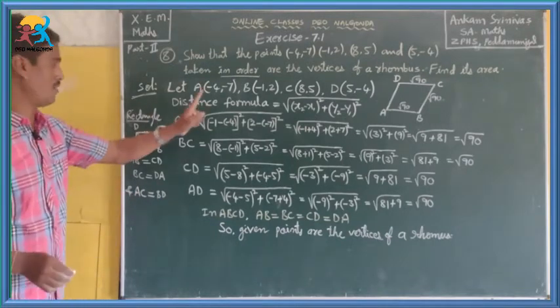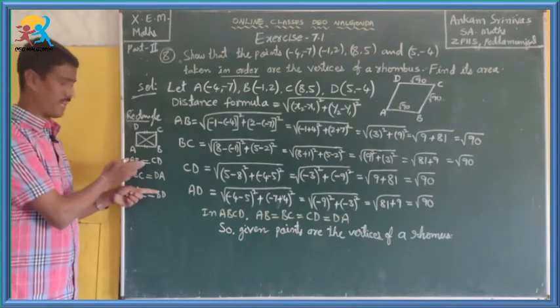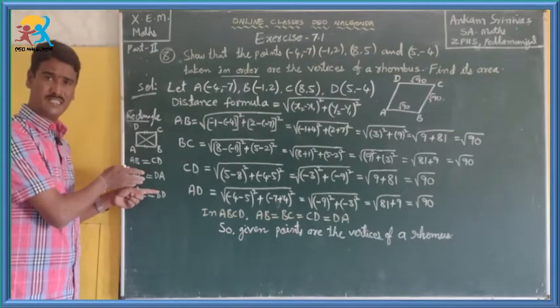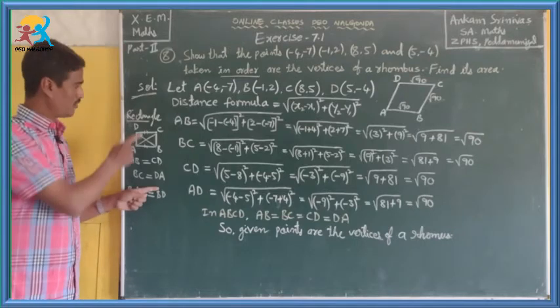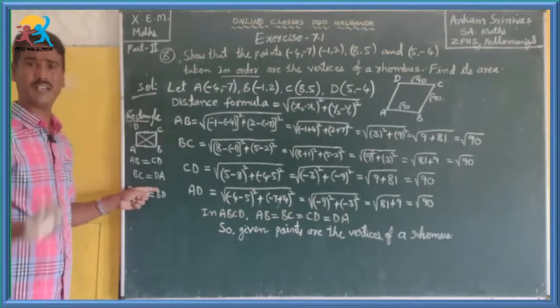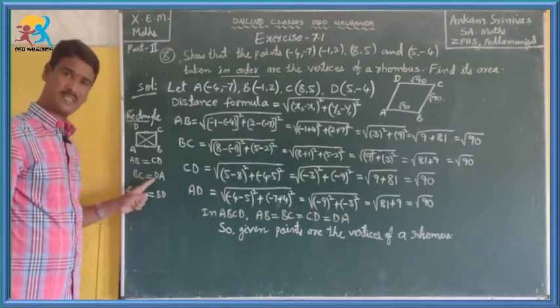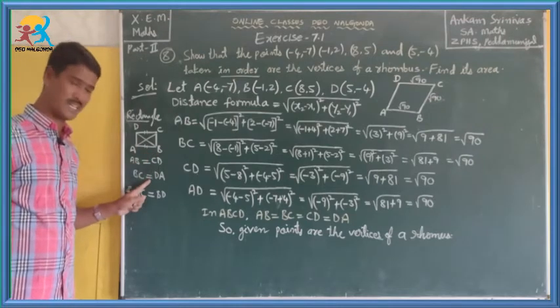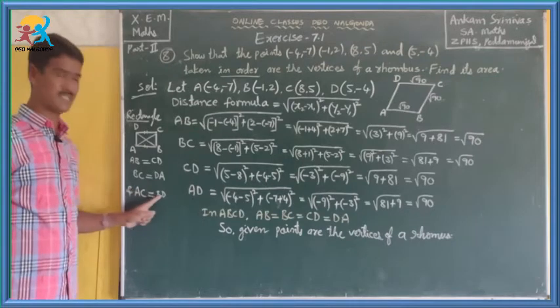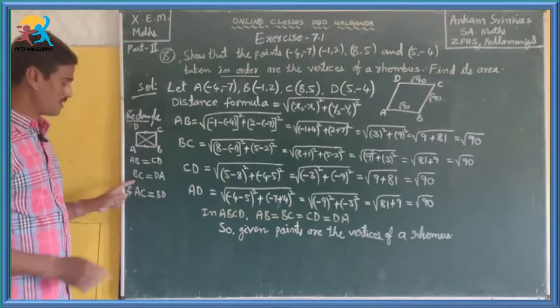So for a parallelogram, we have to take only the length of four sides. Need not find the diagonal. To prove the rectangle, we have to find the length of four sides and also the diagonals. Opposite sides are equal and diagonals are equal. Suppose square.